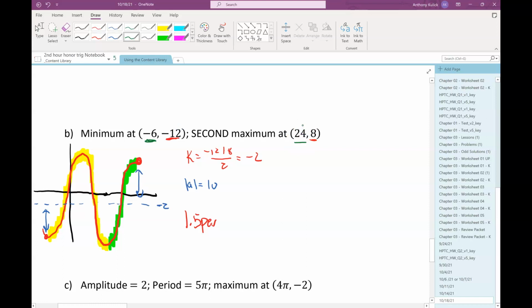So if I started at -6 and I'm going to +24, I must have gone 30 units. So I know that a period is 2 pi times the absolute value of c. 2 times 1.5 is 3. So I get that c is going to be 10 divided by pi, and I'm choosing a positive c like I always do there.